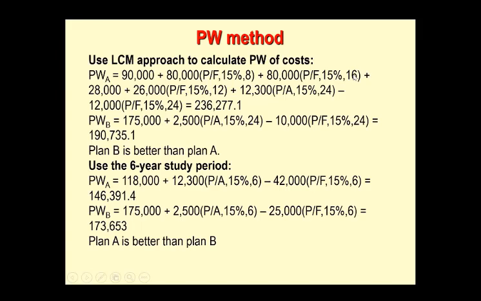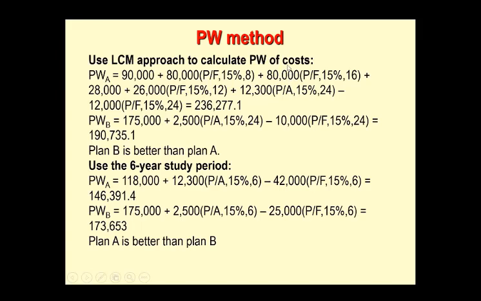At this time, we have to invest 90,000. The cost is 90,000, and we receive the salvage value of 10,000 for the second cycle.